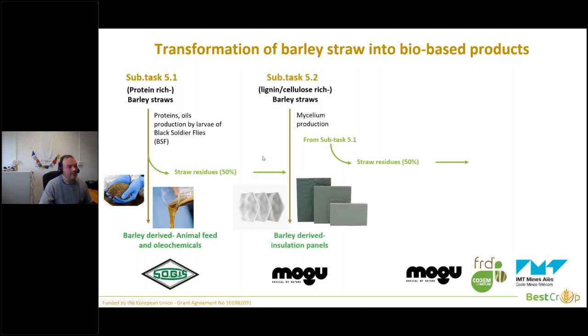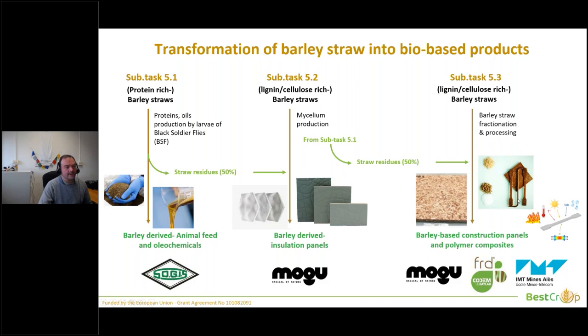Mogu will use the barley straw in combination with mycelia to obtain insulating panels, and in collaboration with FR Decodem and Colmine Telecom, barley straw will also be used with different strategies to obtain construction panels and polymer composites.